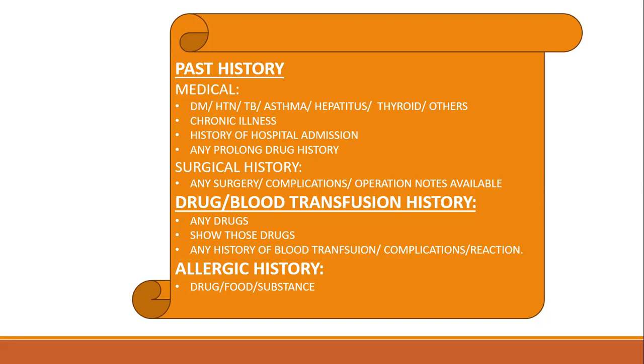Then talk about the drug and the blood transfusion history. Quickly go through any drugs. If the patient is unable to name the drugs, just politely ask her to show you those drugs or the color of the drug taken. In local practice, we usually guess the name of the drugs when the patient says she has taken a red or blue colored tablet at a particular time.